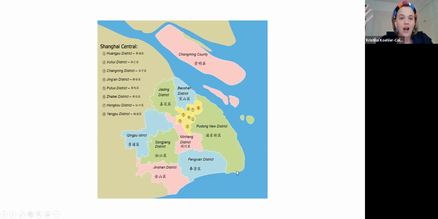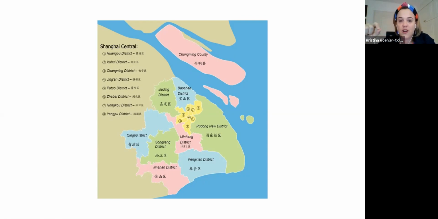So my company, Woodburn, is registered in Shanghai. Our office is located in Huangpu District, which is point number 1 on the map. And my tax bureau is the Huangpu District Tax Bureau. If you were to register in Jiading, you are registering your company in Shanghai, and your tax registration is with the Jiading District Tax Bureau.